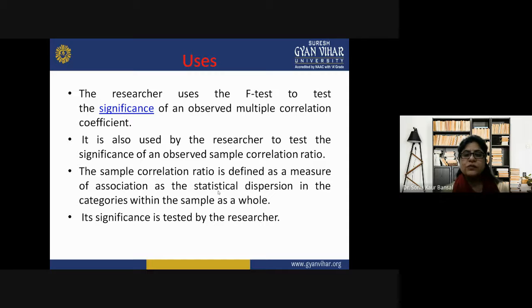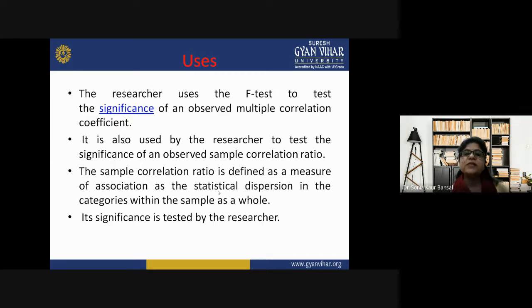It is also used by the researcher to test the significance of an observed sample correlation ratio. Okay, so understand it in that way also, that when we have observed a sample or two samples, what is the correlation ratio in that? When there are two or more groups and we have to see the multiple correlation in that, how can we judge that?